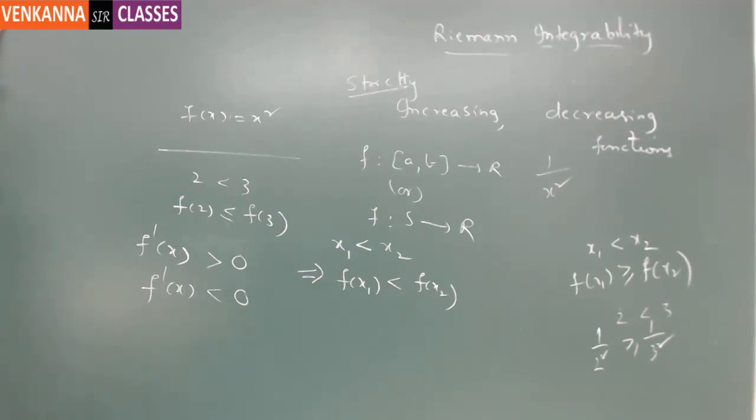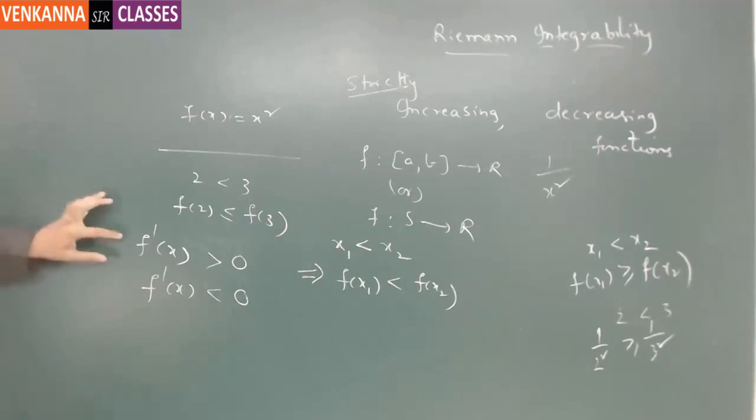Now, let us do some problems based on this concept. To know the nature of the function, whether it is increasing or decreasing, you calculate the derivative. If f dash of x is positive, it is increasing. If f dash of x is less than 0, it is decreasing. Okay? So let us take some problems on it.